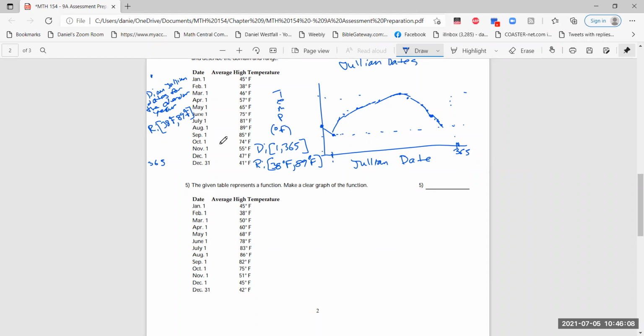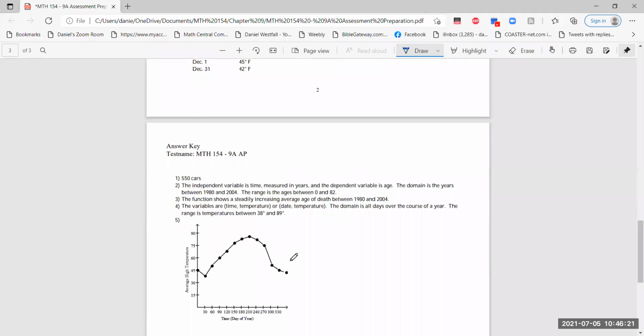Right here, see that in October, kind of a sharp drop off between September and November. And then it just kind of starts to slide down to December again. And we get down to about the same low temperature in December here that we had in February there. So end of December.